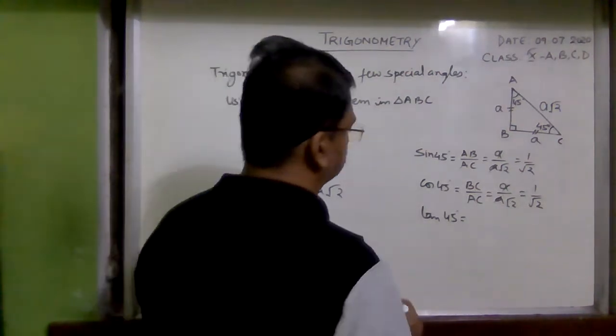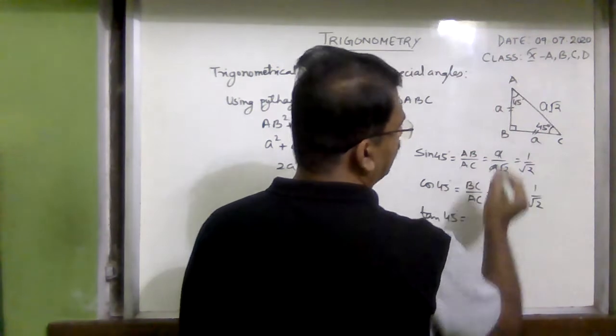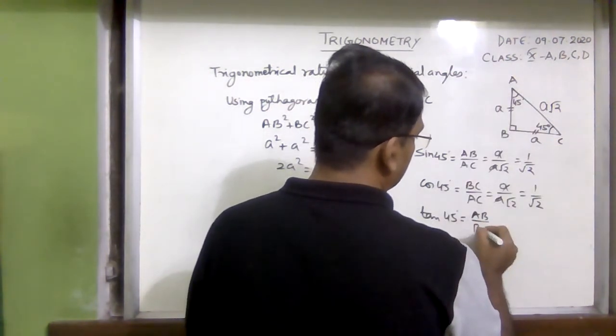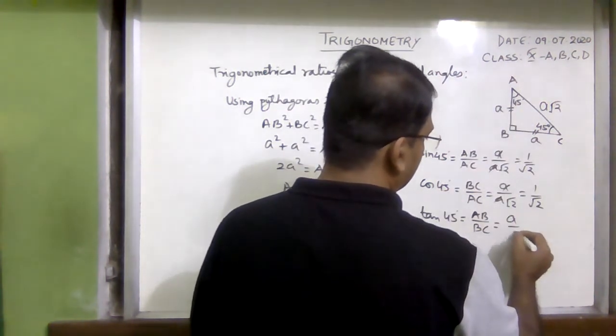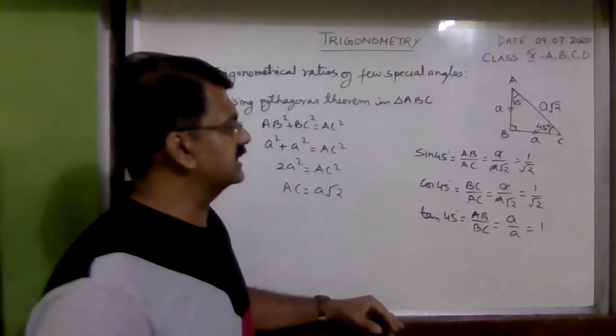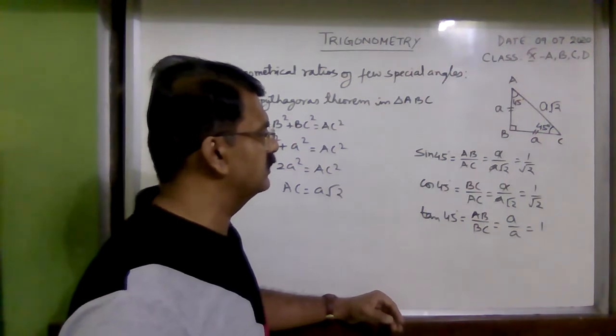Tan 45, it is perpendicular upon base, so AB upon BC, that is a upon a, that is 1. So you can see we have found that sine 45 is 1 upon root 2, cos 45 is 1 upon root 2 and tan 45 is 1.